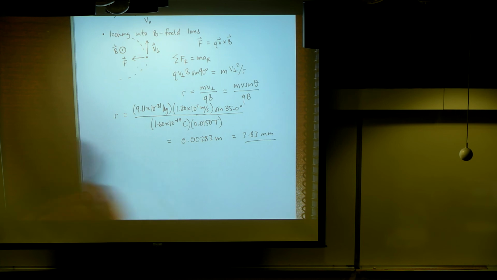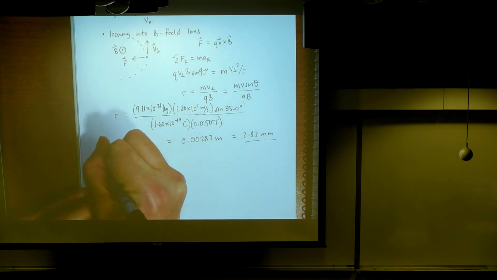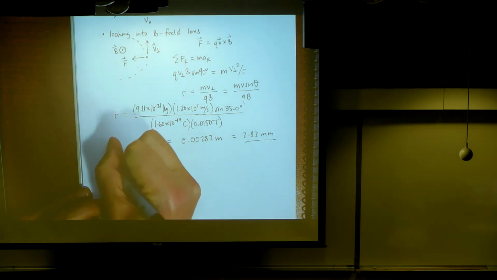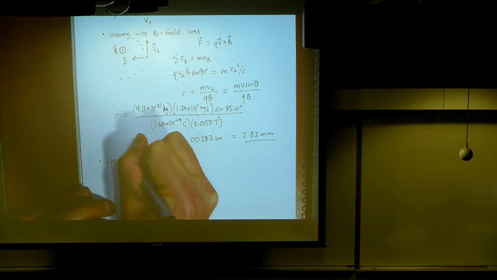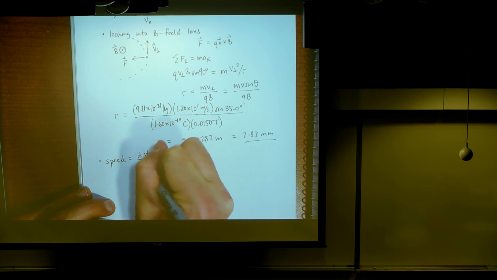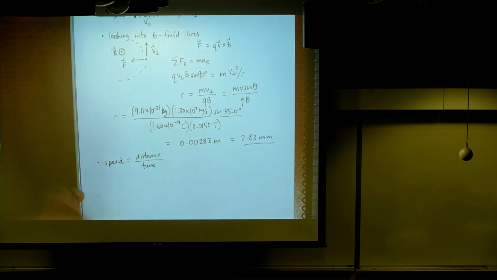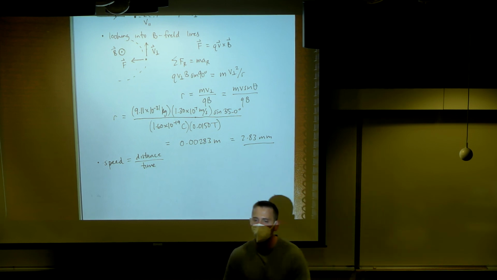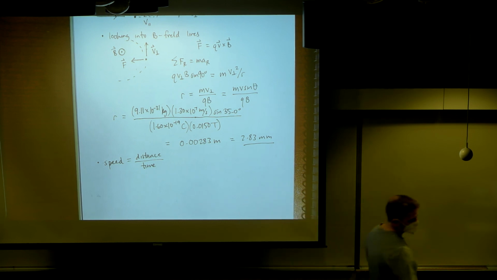So here, let's work it out. I'm going to write down just a basic speed is distance over time type formula, and I'm going to apply it to both V parallel and V perpendicular. That's, to my mind, the easiest way to come up with the relationships, okay?